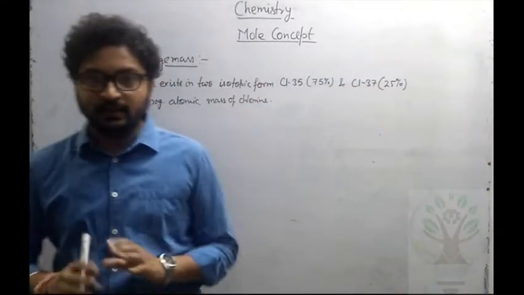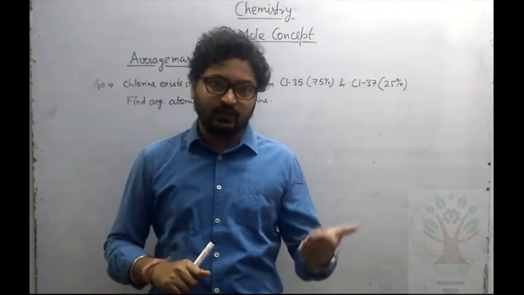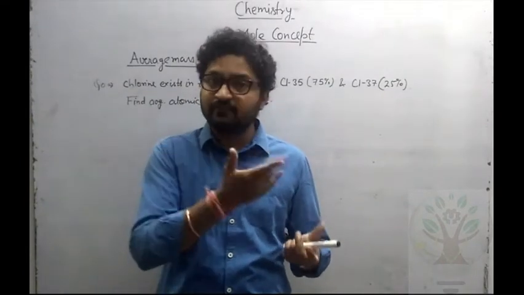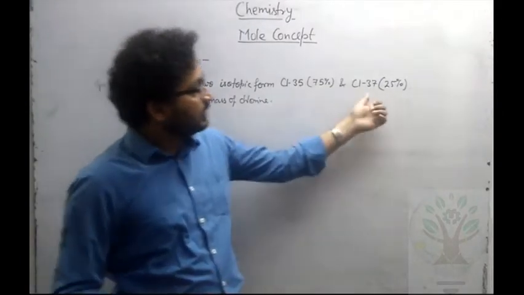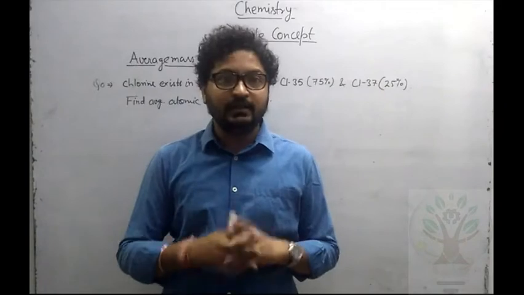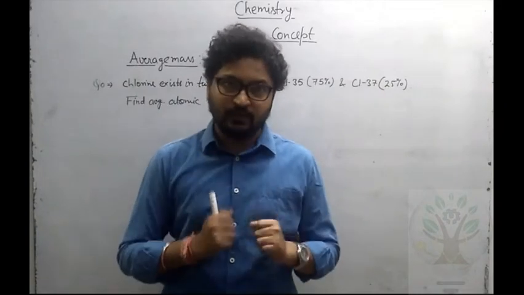Okay, the question is clear. We have two isotopes of chlorine, chlorine 35 and chlorine 37, with 75% of chlorine 35 and 25% of chlorine 37. The question is to find the average atomic mass of chlorine.